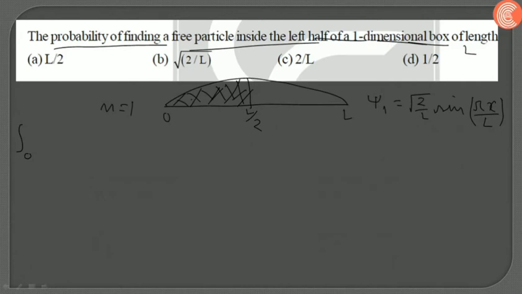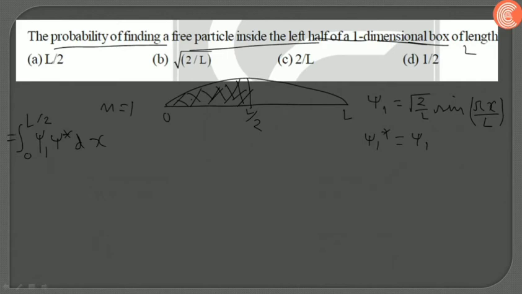They have asked about the left side, so we have to put the limit 0 to L by 2. The formula is the wave function multiplied by the conjugate of the wave function, integrated over the region asked. Since psi 1 conjugate will be equal to psi 1 because there is no iota; if there is some iota, then the sign changes.